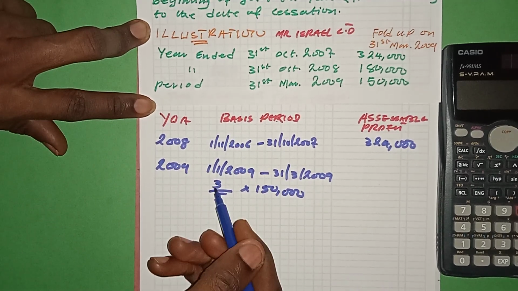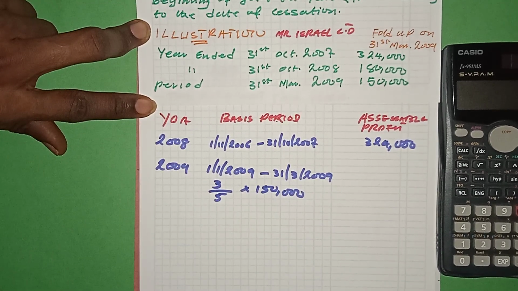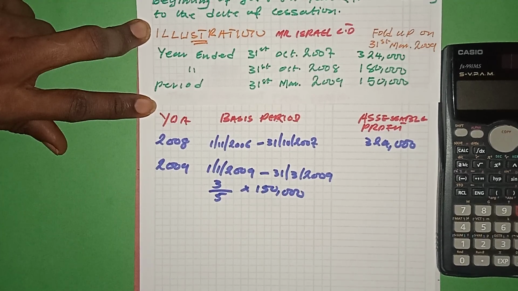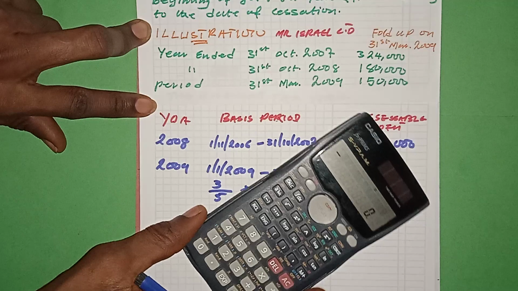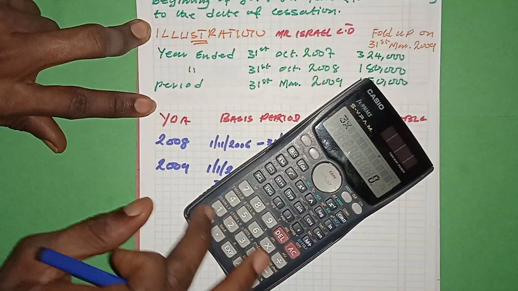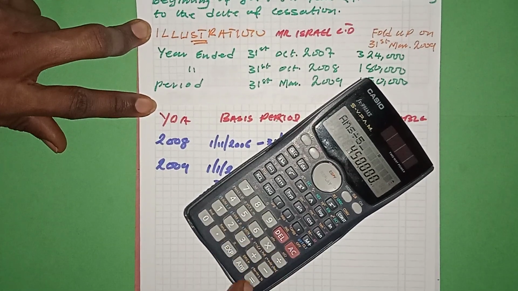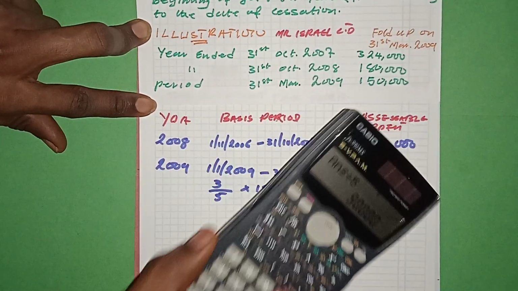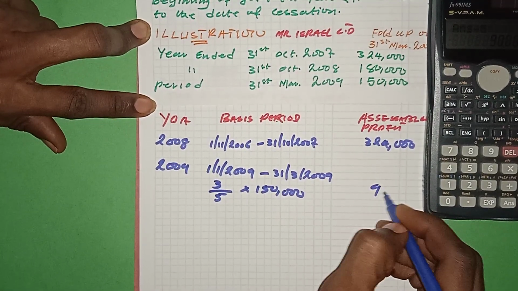So you see, the 3 divided by 5 months times the figure, your assessable profit, which will now give us this. Let us add up. 3 times 150 divided by 5, 90,000. So here is giving us 90,000.